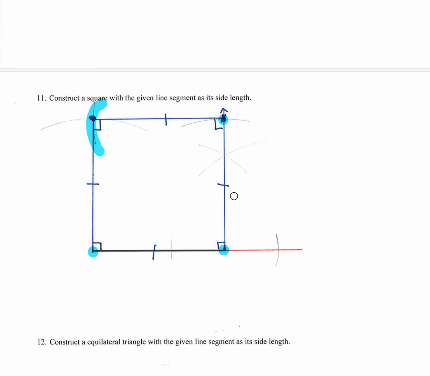I have all 4 sides the same, and I know that guy is 90 degrees. That will be enough to guarantee that that thing is a square, because if that's 90, that'll have to be 90, which will make that 90, which will make that 90, and then I'll have a square. I'll have a quadrilateral that has 4 congruent sides and 4 right angles.